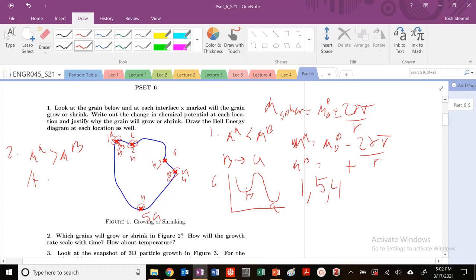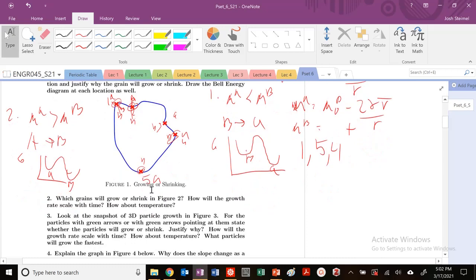Now we're going from A to B, and our G would be here. Going from A to B pushes this interface out, so we're actually going to be growing in that location. So that's how it goes.